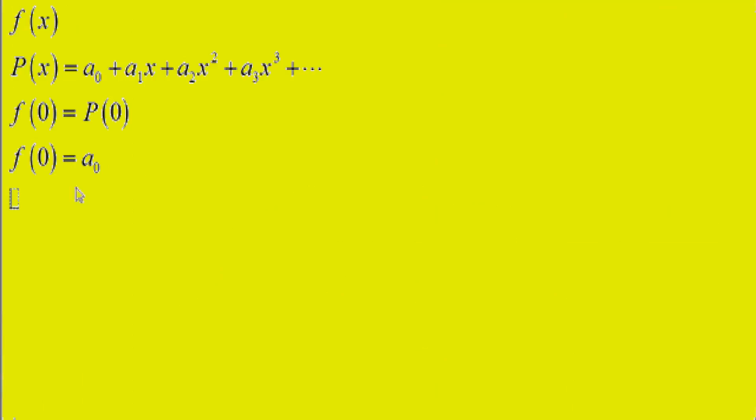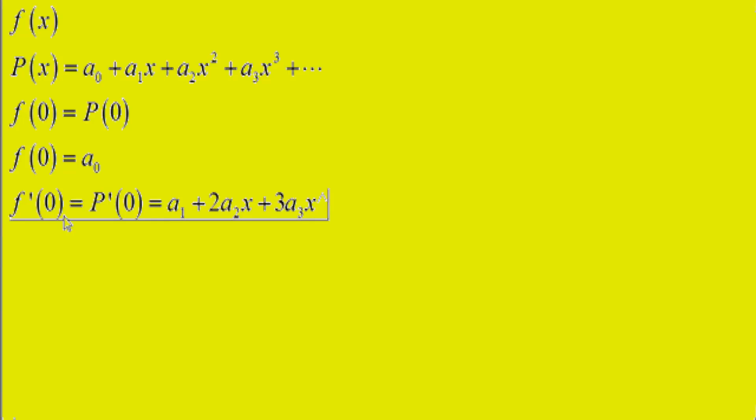That means f prime of 0 is equal to p prime of 0. But what's p prime? P prime is a1 plus 2a2x plus 3a3x squared plus dot dot dot.